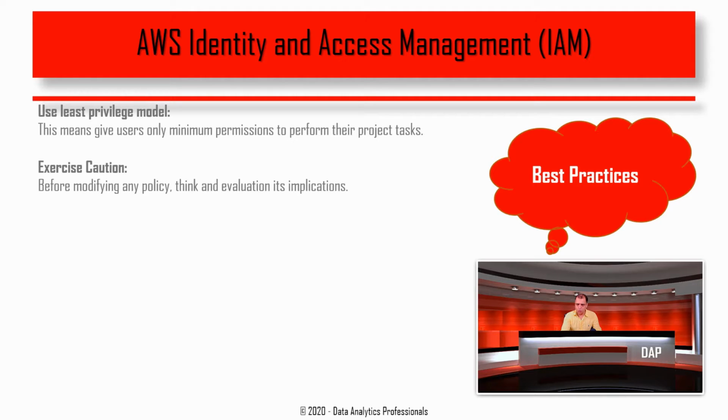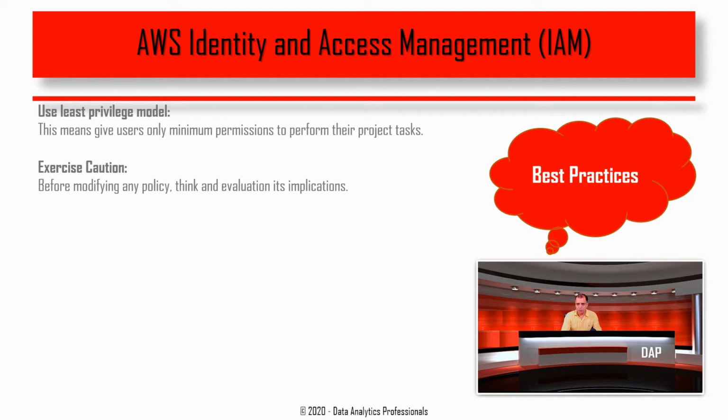Now, use the least privilege model. Remember this. What does this mean? Give users only the minimum permissions to perform their project tasks. This is one of the best practices when you are in the role of an AWS administrator, or an administrator role anywhere.